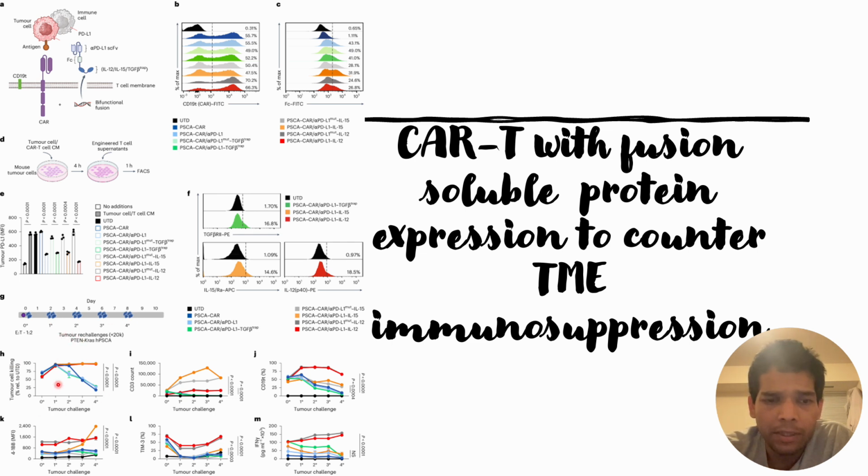In all the cases, they see the tumor death is highest where they use the anti-PD-L1 and interleukin 12, which can be seen in panel H. In panel I, they checked the CD3 count, and the CD3 count is also high where they use interleukin 15, whether PD-L1 is mutated or non-mutated.